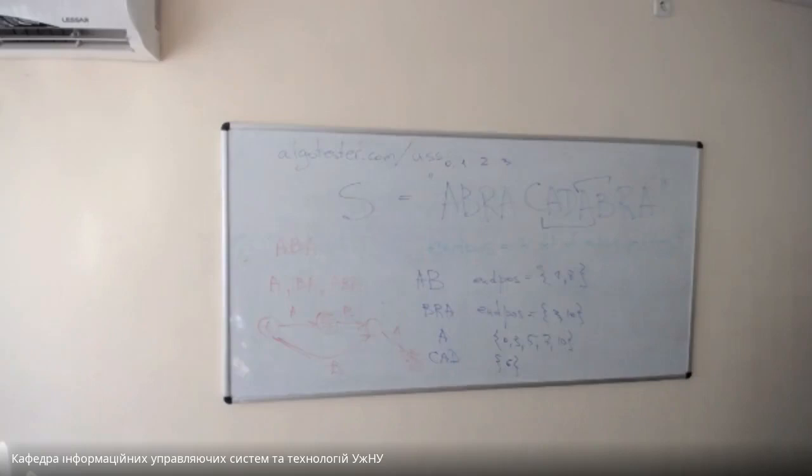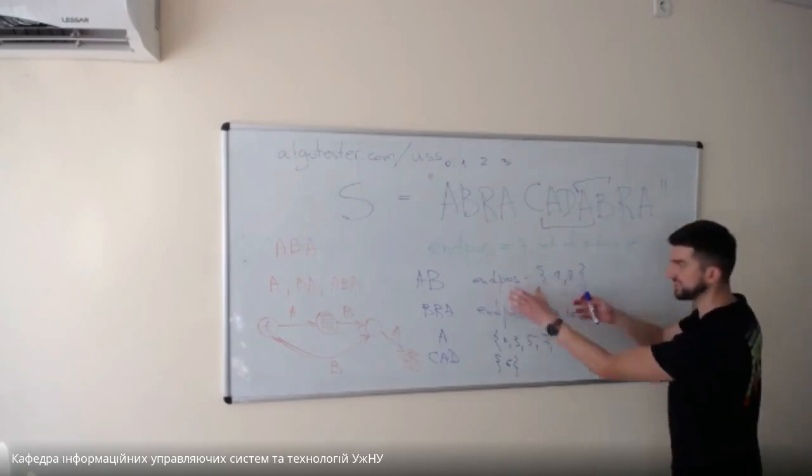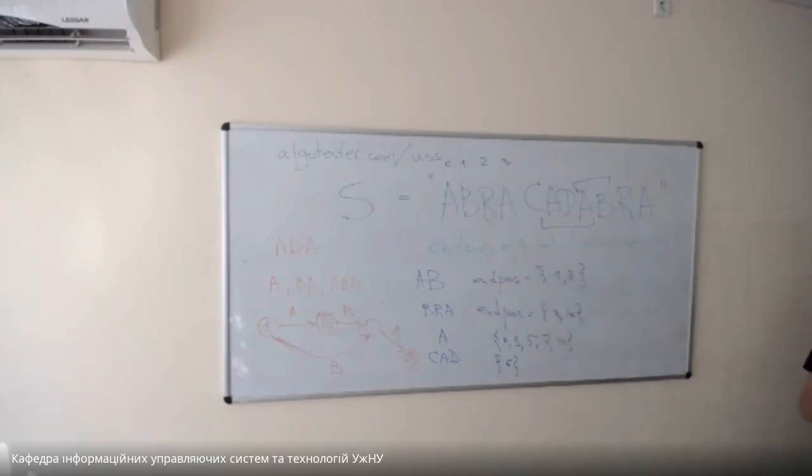Okay, then we will call 2 strings equivalent in terms of ending positions if the set of ending positions is the same for them.